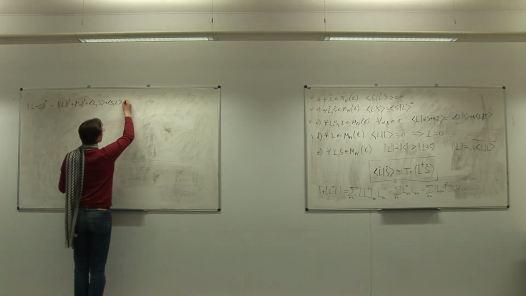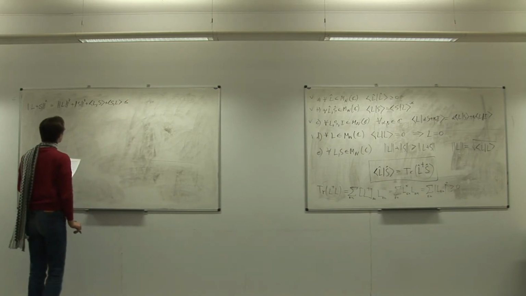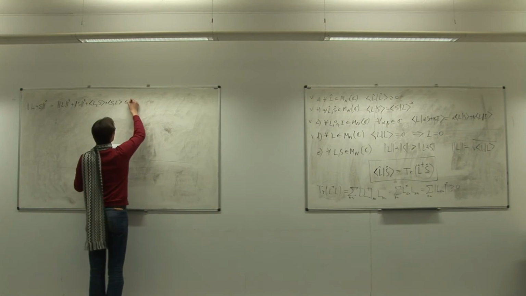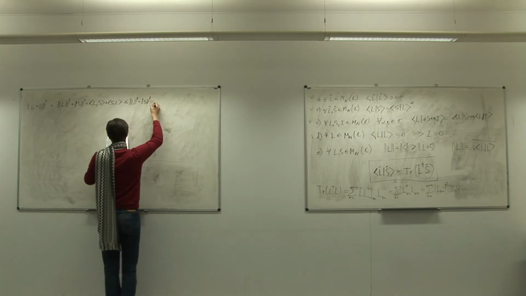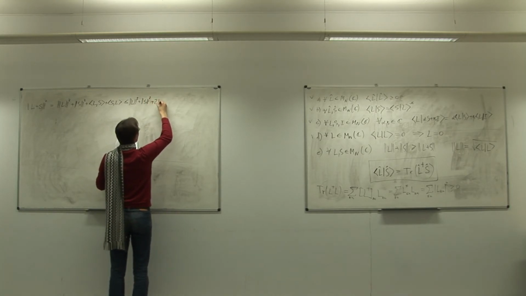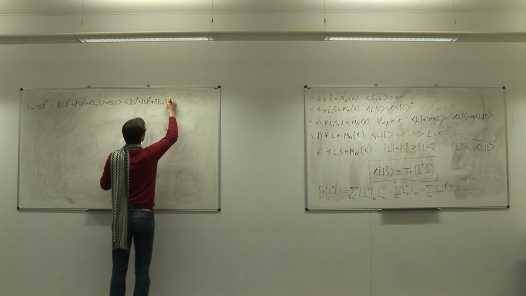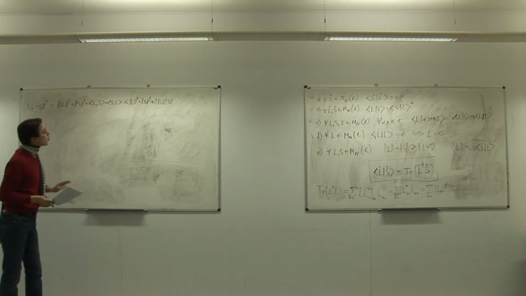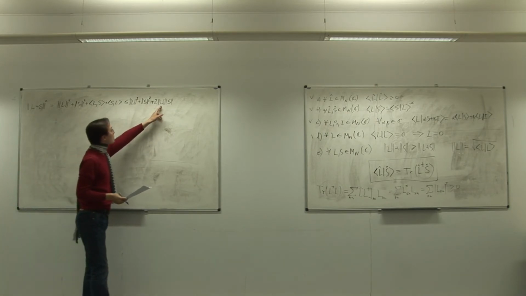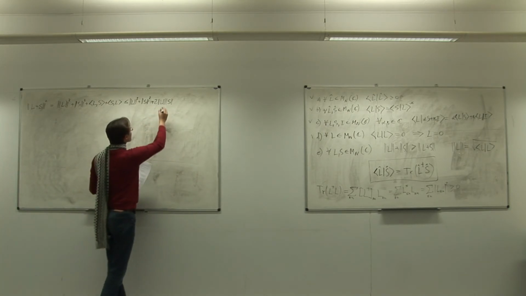Well, this is clearly less than or equal to modulus L squared plus modulus S squared plus 2 modulus L modulus S. Because a scalar product is always smaller than just the product of the lengths of the two vectors.